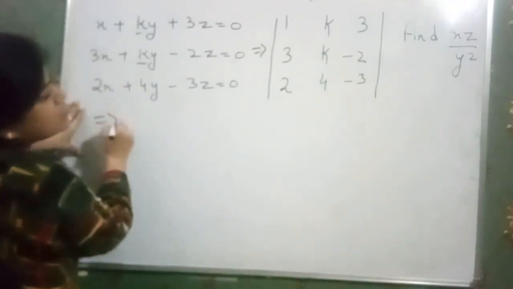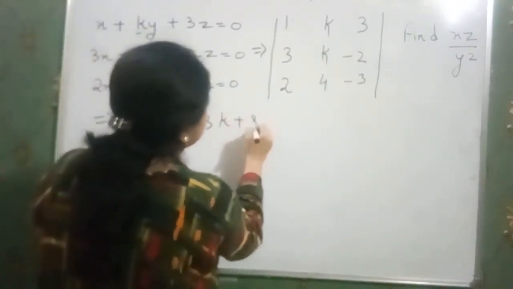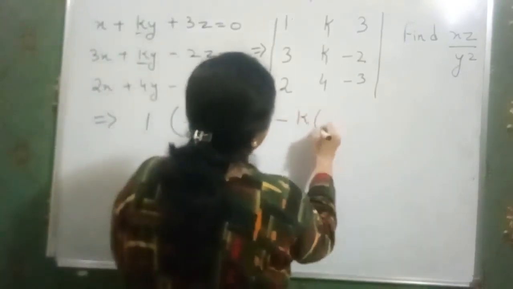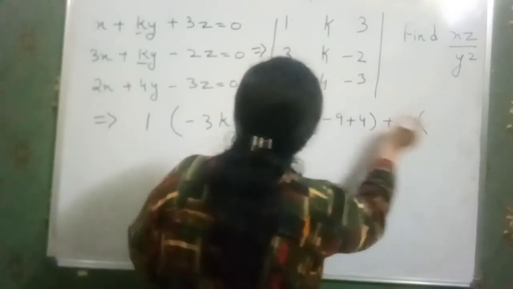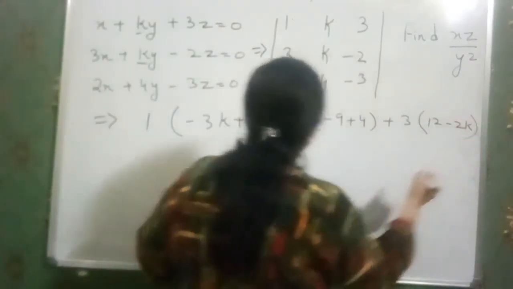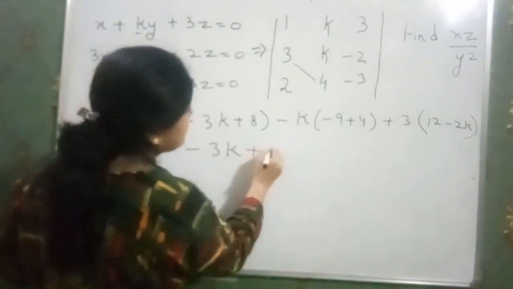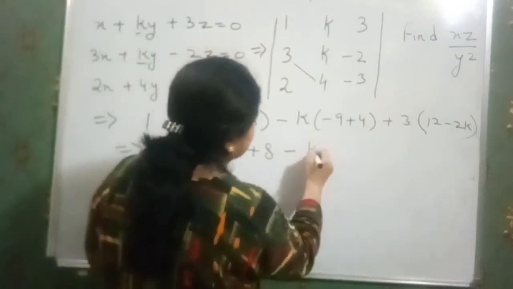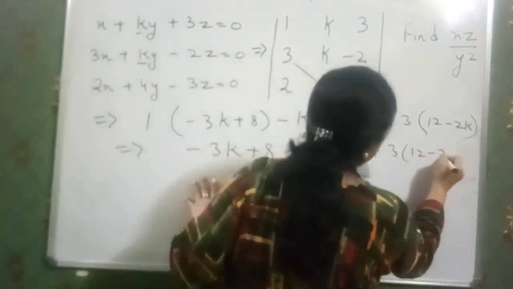Okay, now just solve it. We have 1 minus 3k plus 8 minus k minus 9 plus 4 plus 3, 3 4s are 12 minus 2k. I think you know how to solve determinants. So we have minus 3k plus 8 minus k minus 5 plus 3, 12 minus 2k.